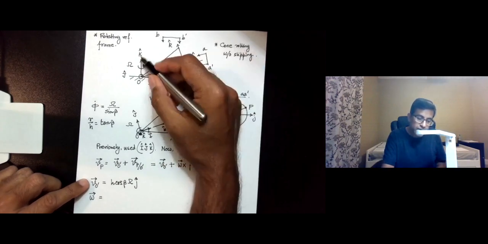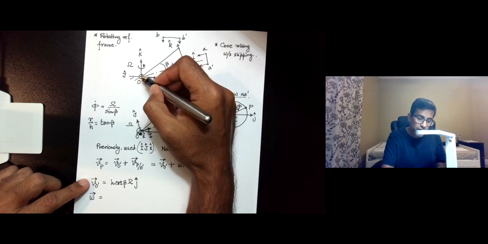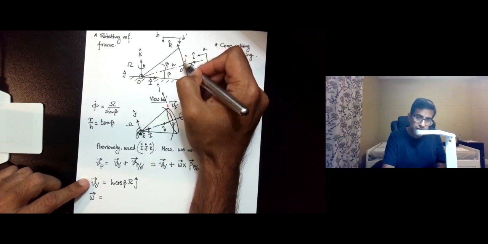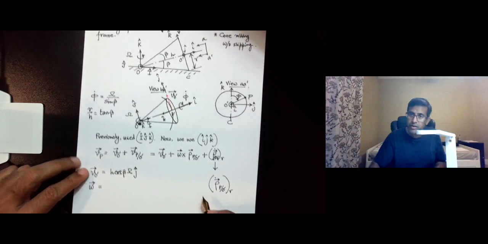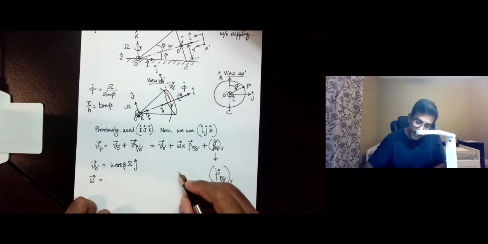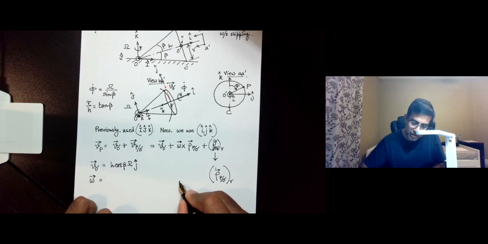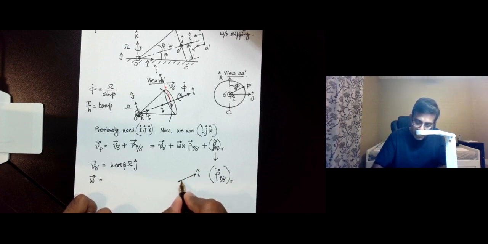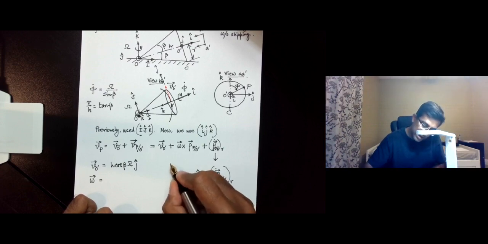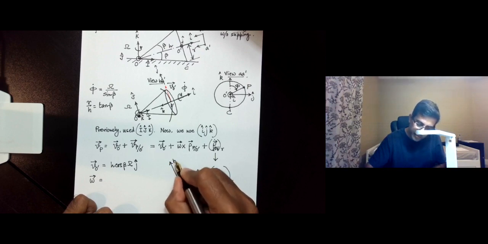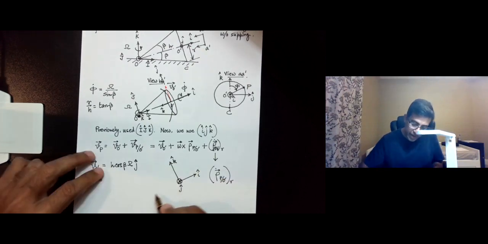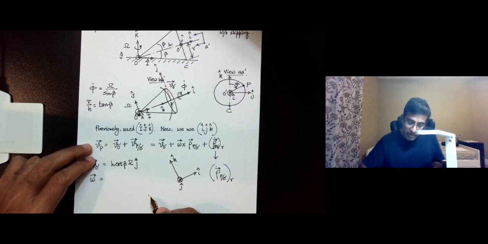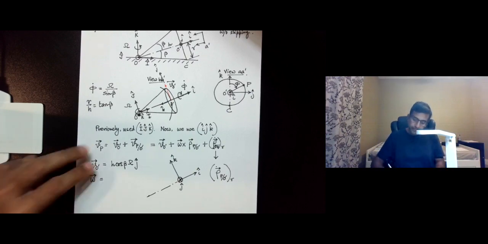Now the angular velocity of O prime, however, is in the vertical direction, right? So if you consider the angular velocity vector, so here is my I, let's say this is j and this is k, and this is the axis of symmetry.